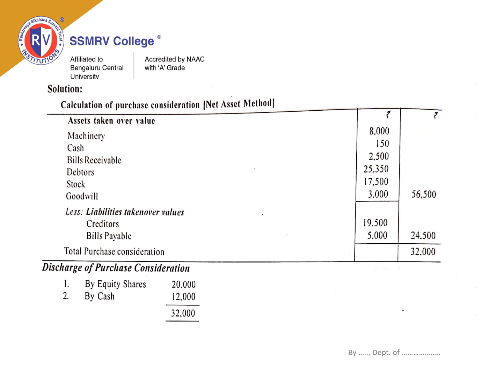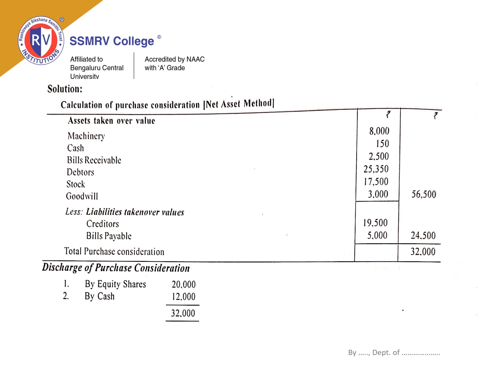So the next step after the calculation of purchase consideration is how this amount has to be paid to the vendor firm. In what form should the purchase consideration be paid to the vendor firm? So we have no doubt calculated the amount of PC is 32,000. But how should this be paid to the vendor firm is the second step.